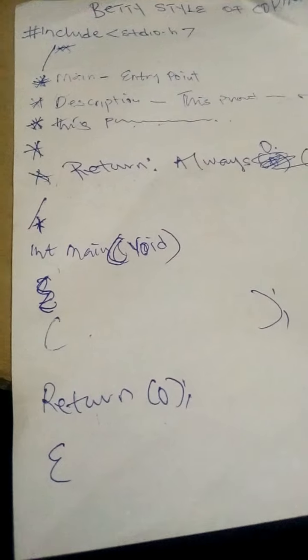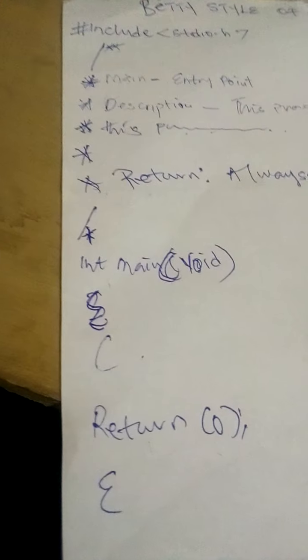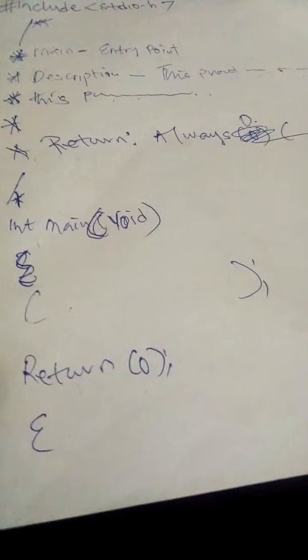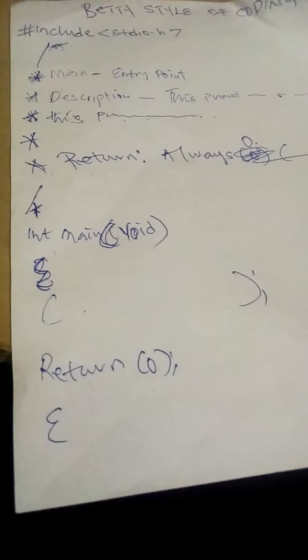Another error that people have is trailing white space. In Betty styling, it is not permitted to use a space or a tab where you're not supposed to. So trailing white space simply means you put a space where you're not supposed to put a space. I will advise you that whenever you're doing Betty styling, avoid your space bar key on the computer.